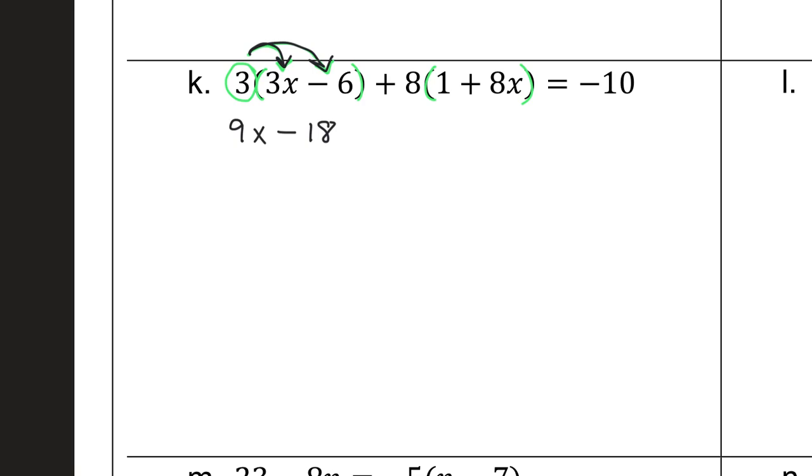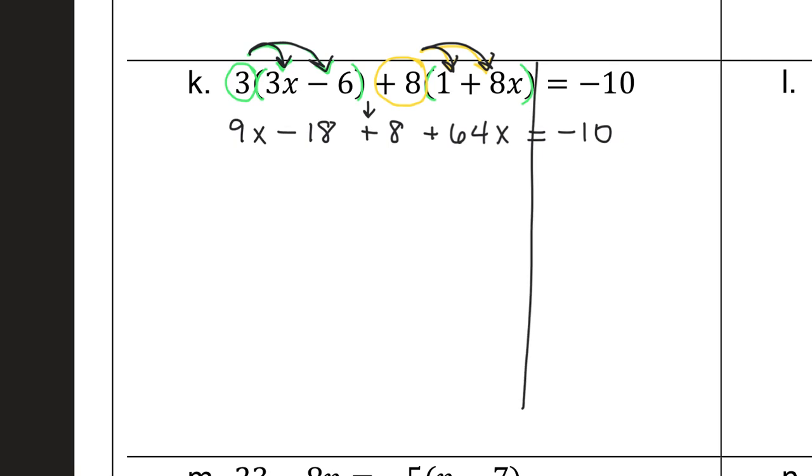Now for our second set, we're going to take positive 8 and distribute that to what's inside our parentheses. So we take 8 times 1 gives us a positive 8, so we want to make sure we're writing the plus sign. And then 8 times 8x equals positive 64x, and that all equals negative 10.